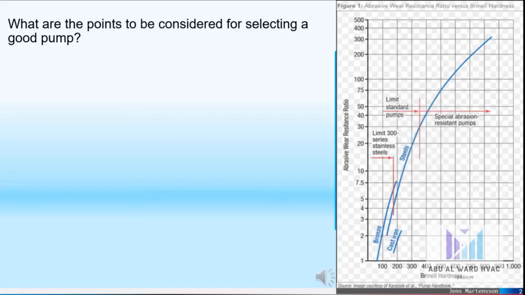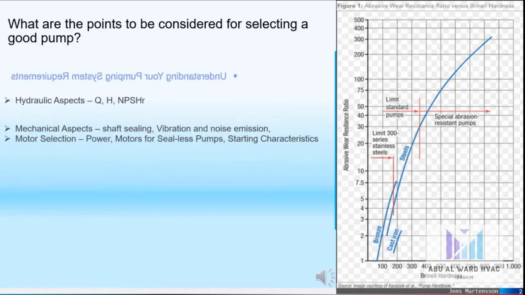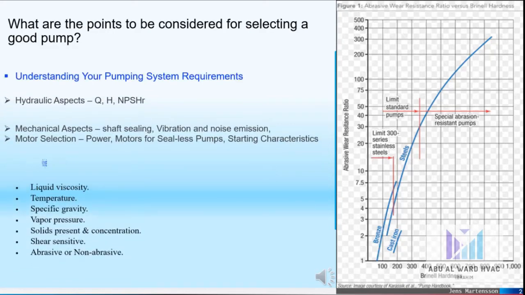First of all, what are the points to be considered for selecting a good pump? There are three main considerations: first, understanding your pumping system requirements; second, fluid properties; and last, end-user requirement, including system flow rate and head.